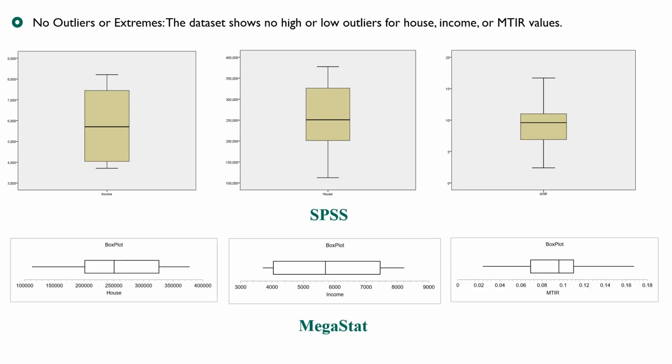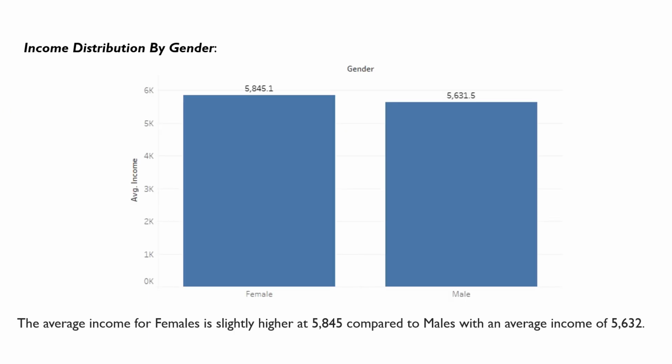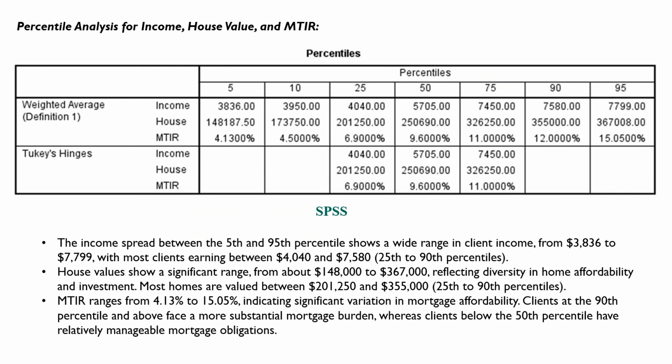Using SPSS and Megastat, we found that the dataset shows no high or low outliers for house, income, or MTIR values. We also did a percentile analysis for income, house value, and MTIR.